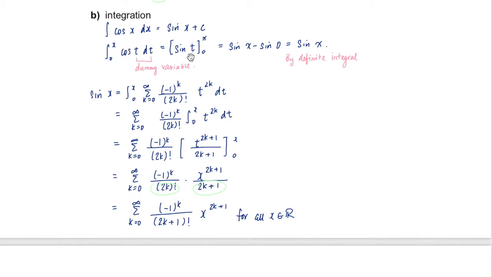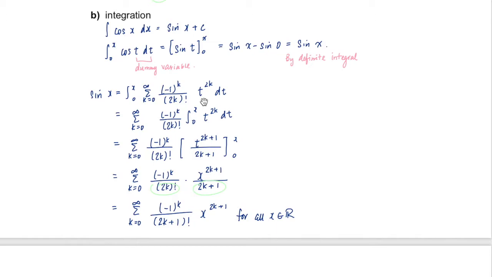I'm going to have cosine of t from 0 to x. When I sub in x and 0 into the expression, I will end up getting sine of x. So using this particular relationship, I can now say that sine x is equal to the integral from 0 to x of cosine t dt, but now I replace cosine t with its Maclaurin series representation.